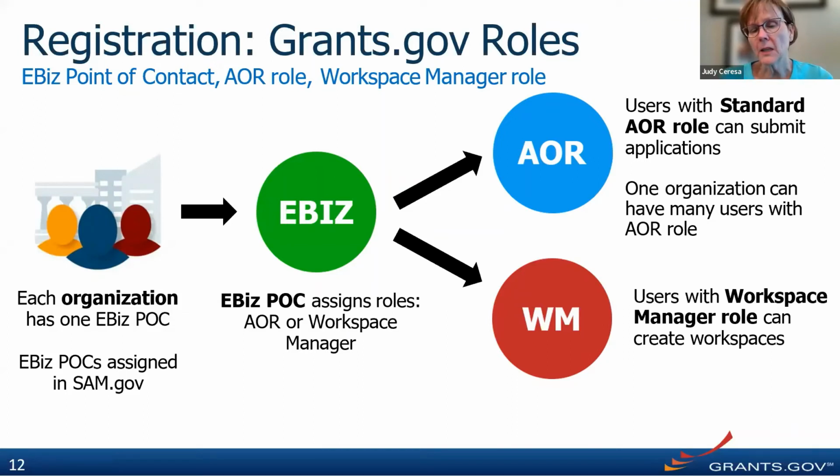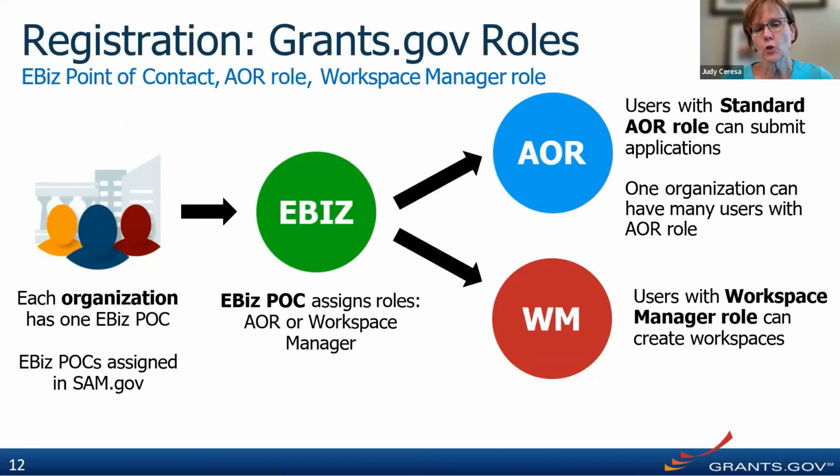In some cases, your EBiz may just assign someone that works for your program just a workspace manager role. So it just depends on the size of your organization as to how many AORs and workspace managers you're going to need.